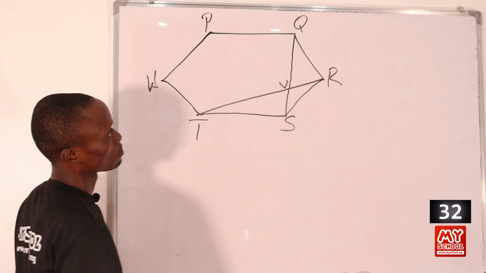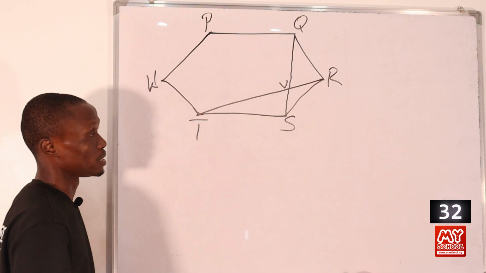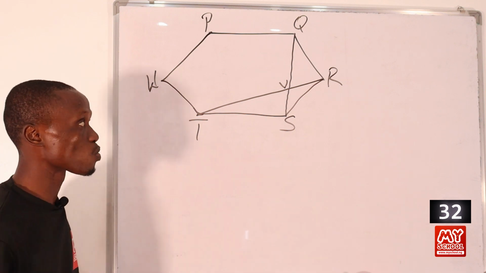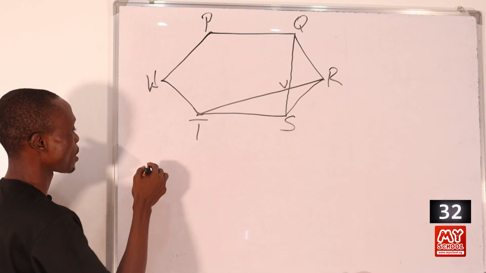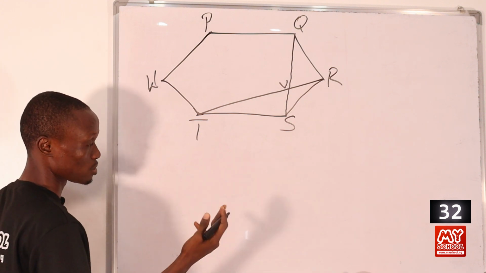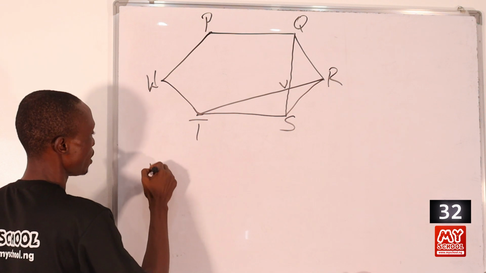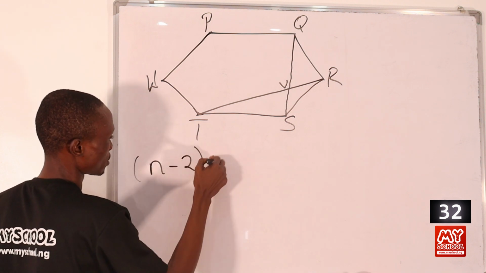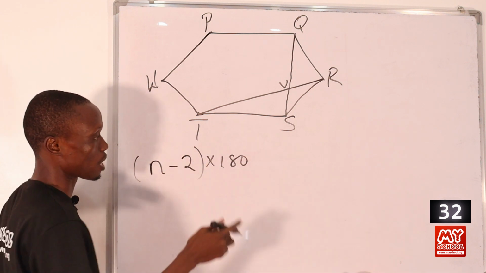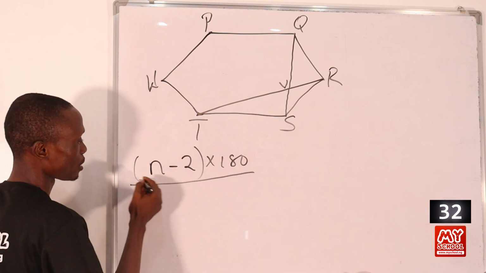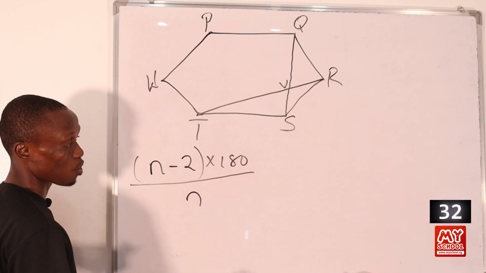First of all, calculate each of the interior angles of the regular polygon. Remember the formula for the sum of angles in a polygon, which is n minus 2 in brackets times 180. Since we are calculating each angle, we divide by n, the number of sides.